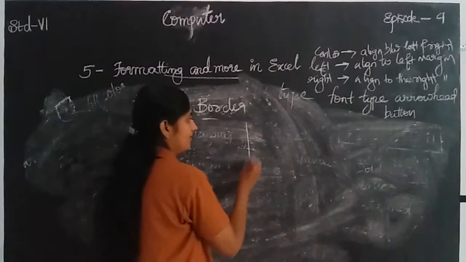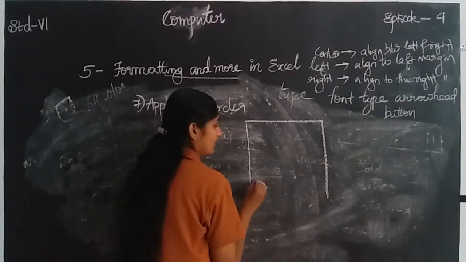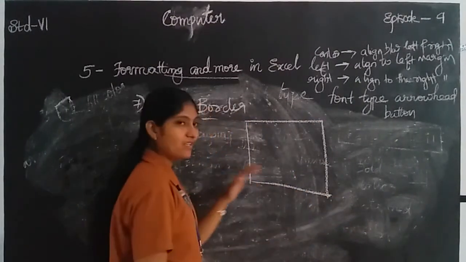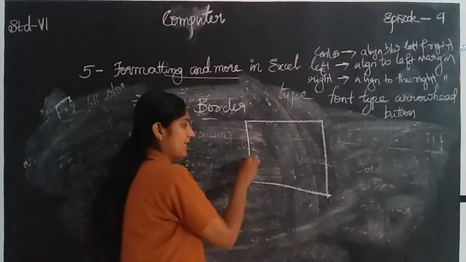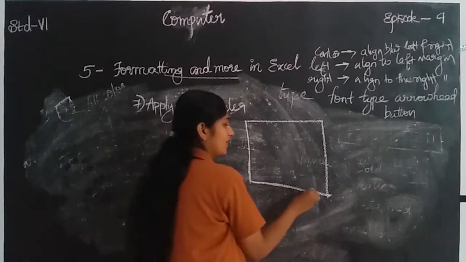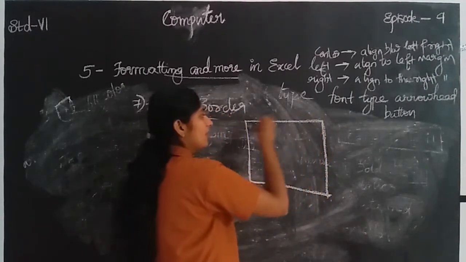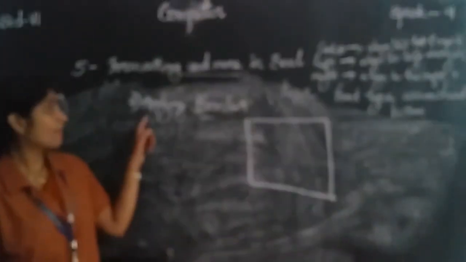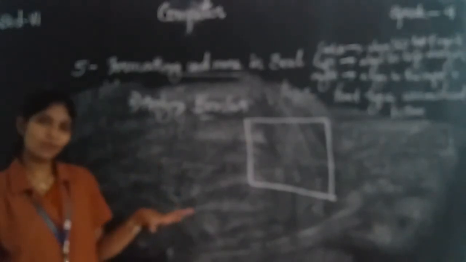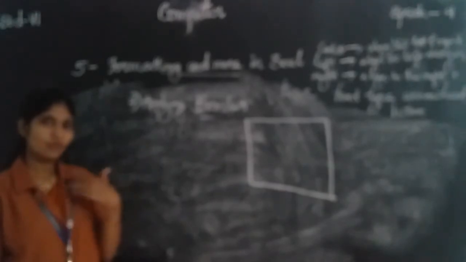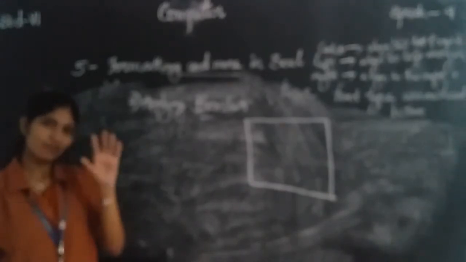An outline. This is border. An outline which is surrounded by a text, right? Or a particular area, that is border. Here is the border. So next, applying border means how to apply a border to a particular range of cells, to a particular area of cells.